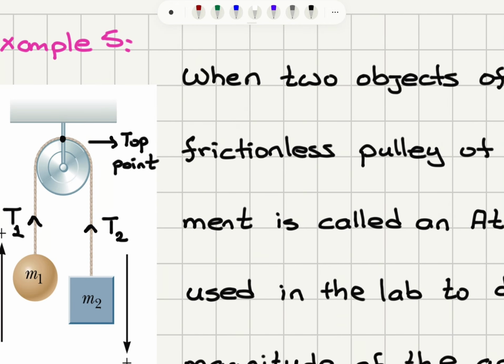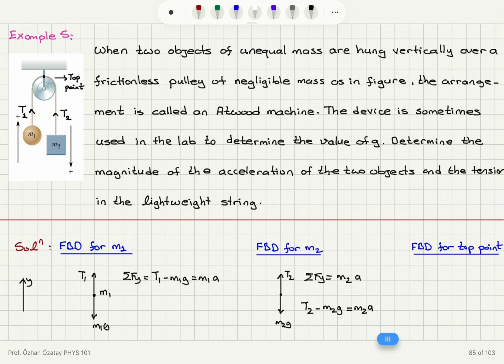Now I want to also concentrate on this top point. So this top point is a massless point, and for that top point, if I look at the forces acting on that point, I see that there is T1, which is to the left, and T2, which is to the right. So here is T2, here is T1, and because this part has no mass, m is equal to 0, net force acting on it is mass times acceleration.